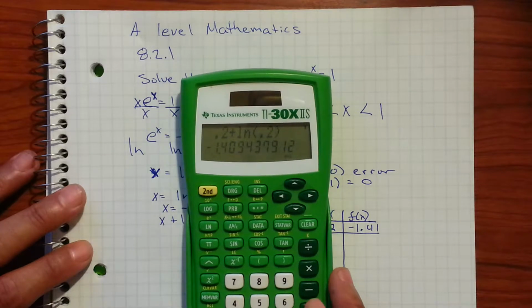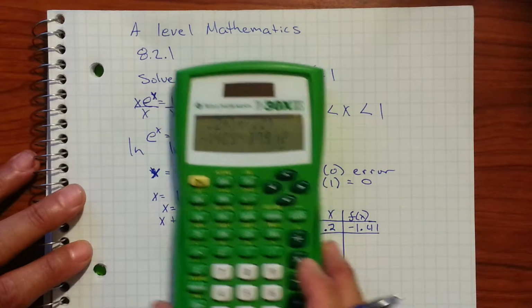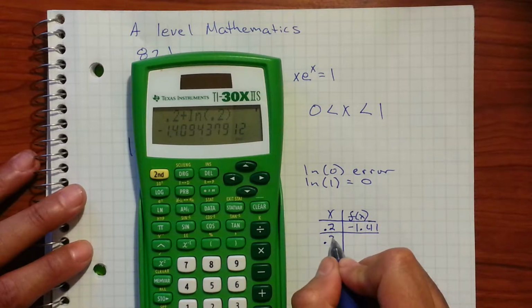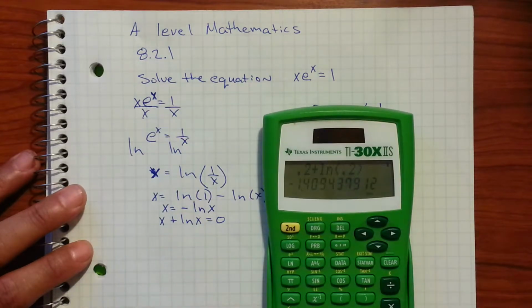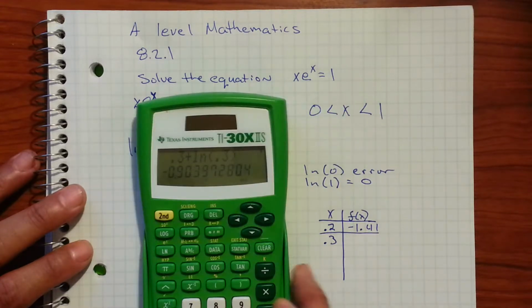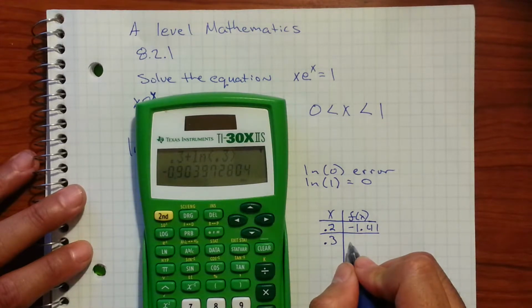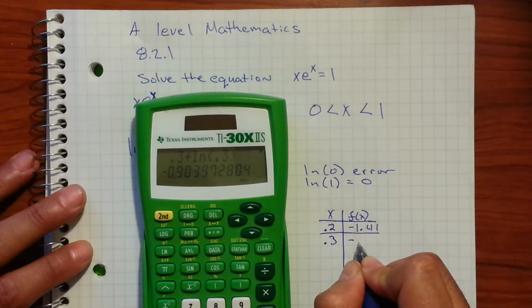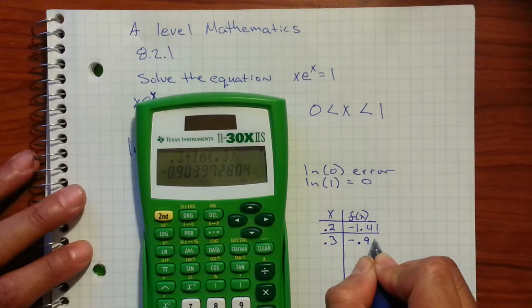Okay, so now let's go 0.3. We get 0.3 plus ln 0.3, and I get negative 0.90.